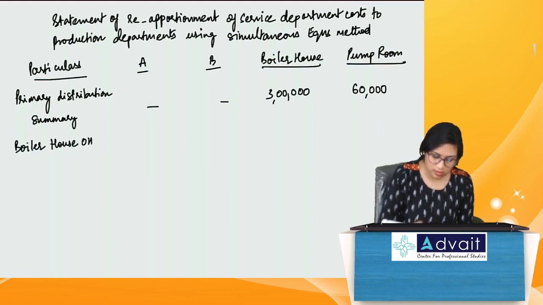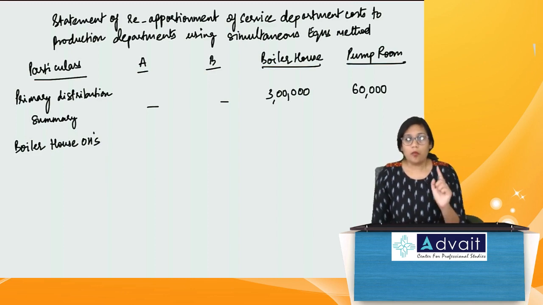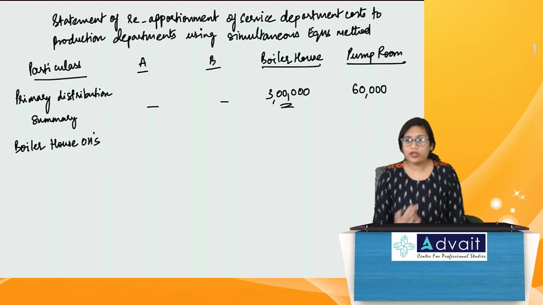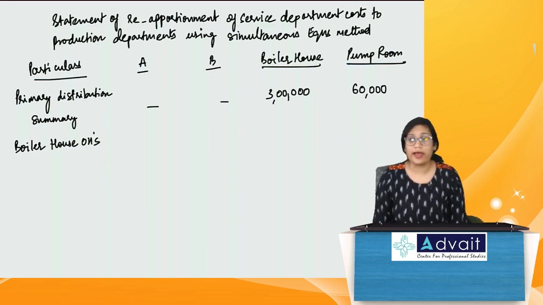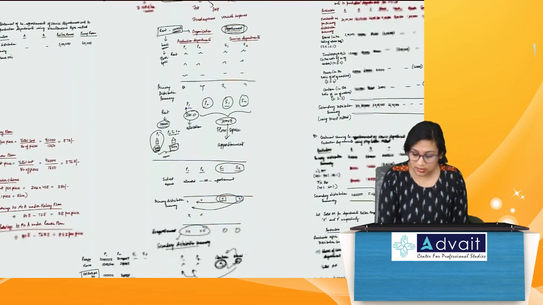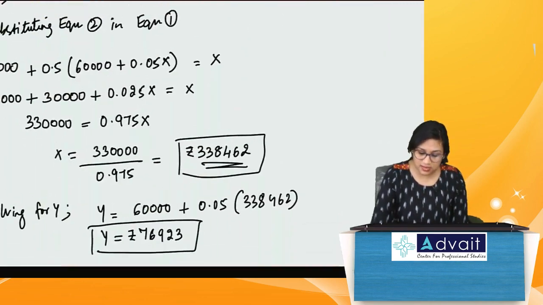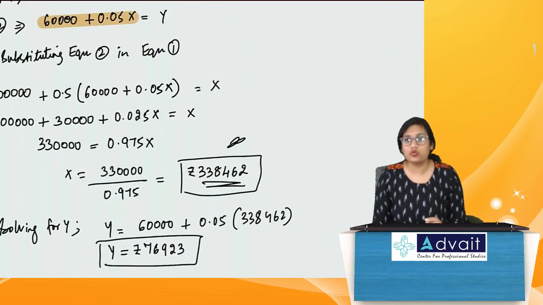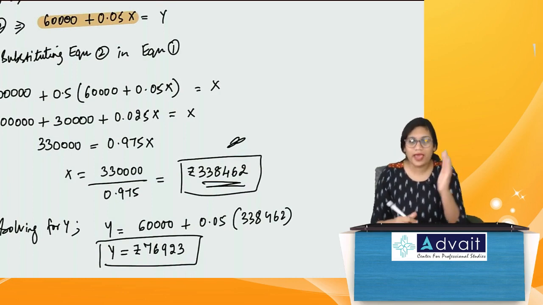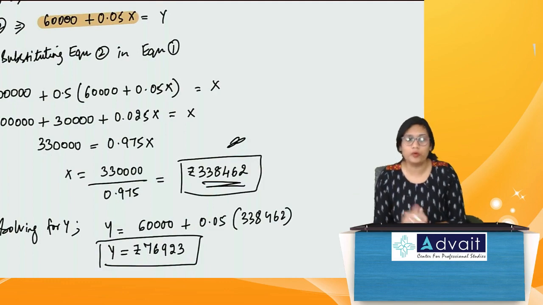So first we will distribute boiler house's overheads. Guys, now boiler house's overheads are not 3 lakh. It is what you have calculated. It is this 338,462, because this is what you are going to be apportioning between A, B and pump room.